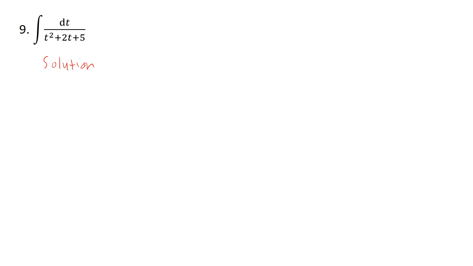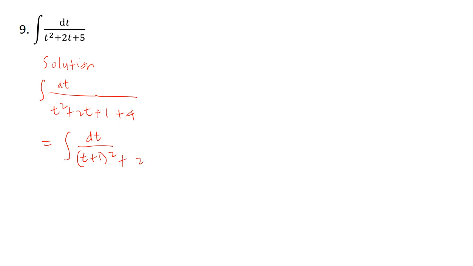So this one could be written as integral of dt over t squared plus 2t plus 1 plus 4, or equivalent to integral of dt over (t plus 1) squared plus 2 squared.